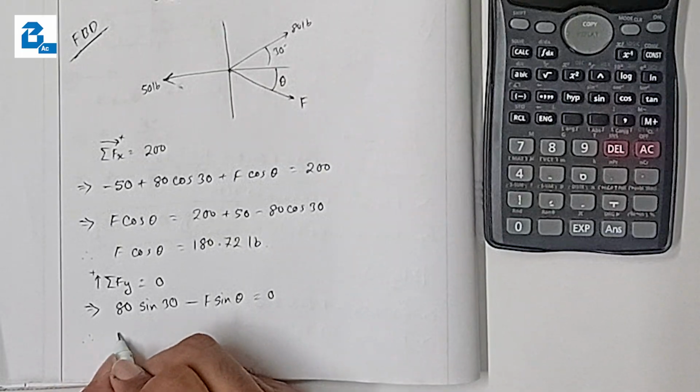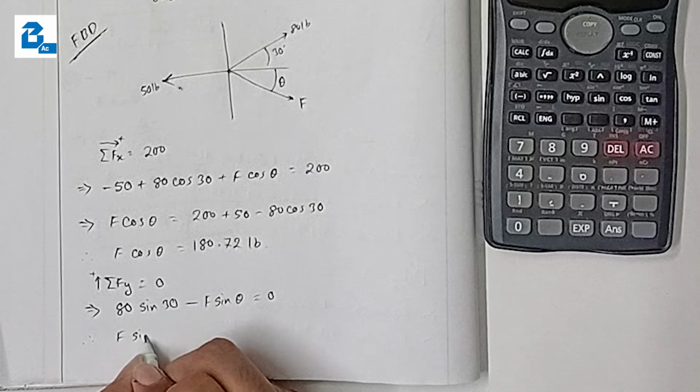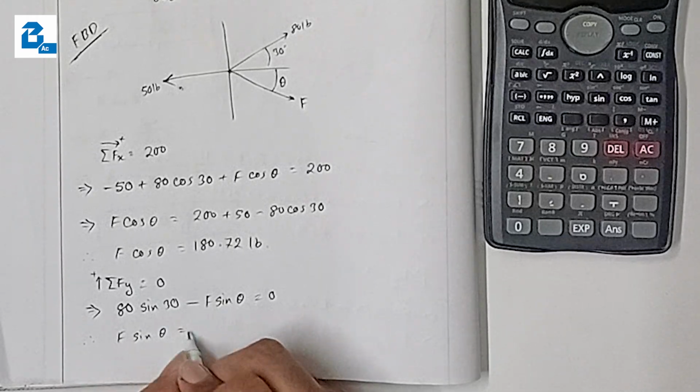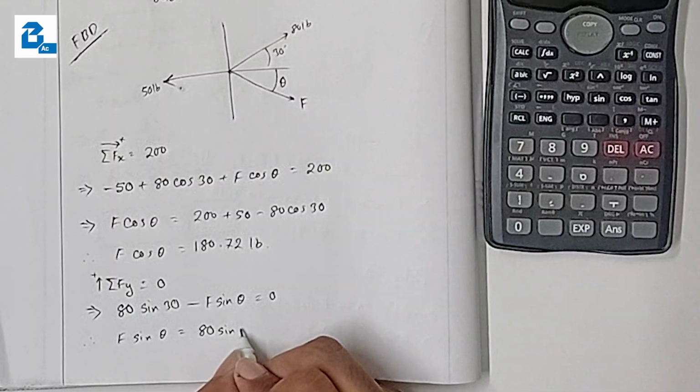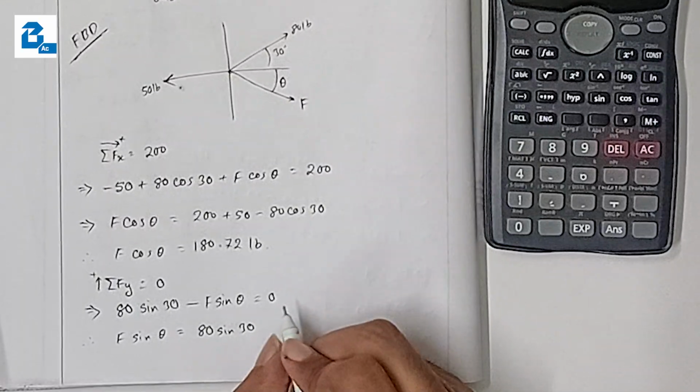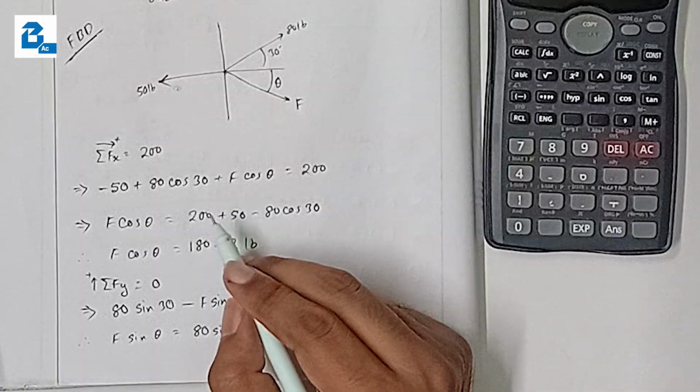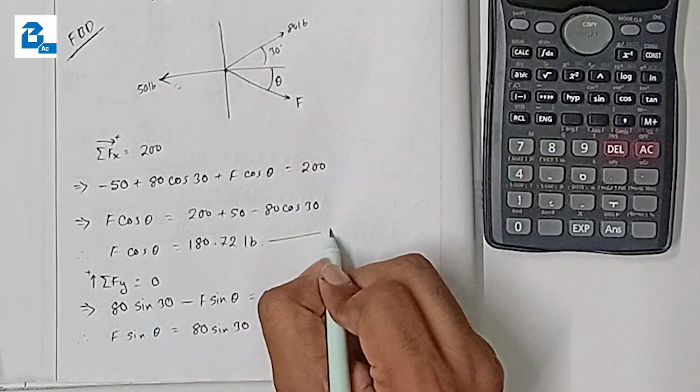Therefore, F sine theta equals 80 sine 30 degrees.